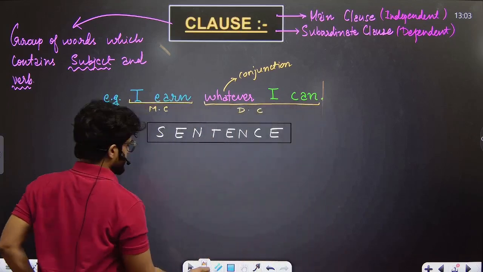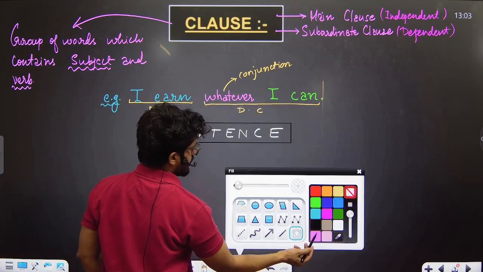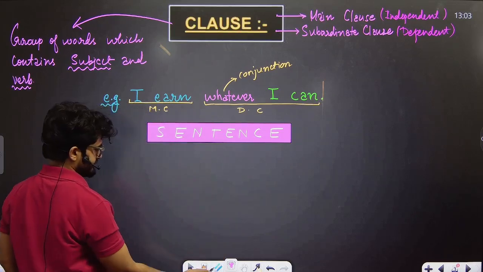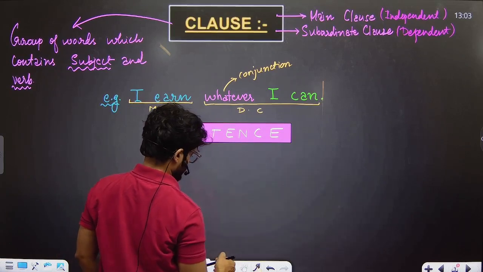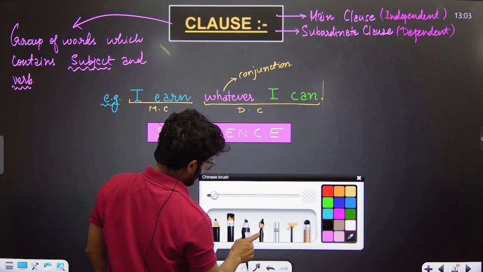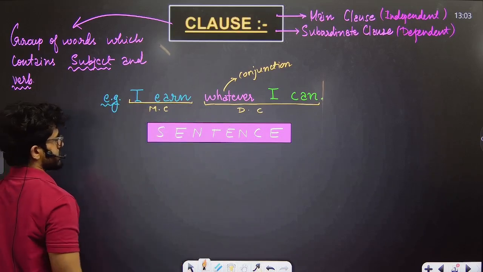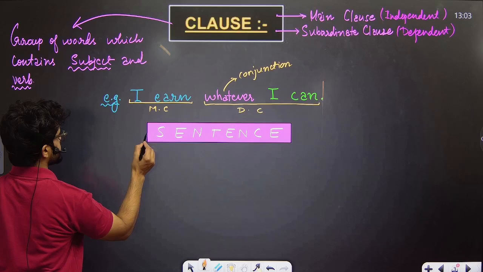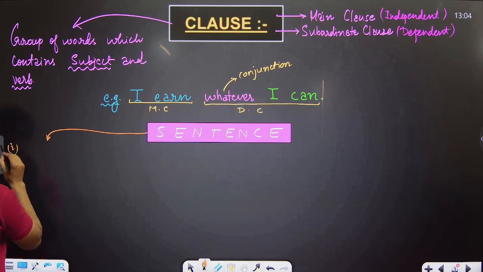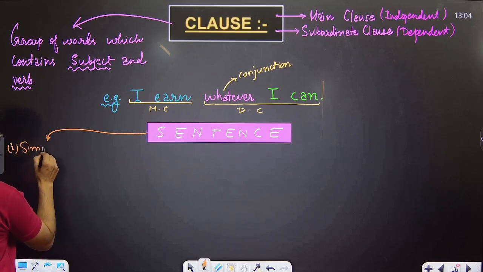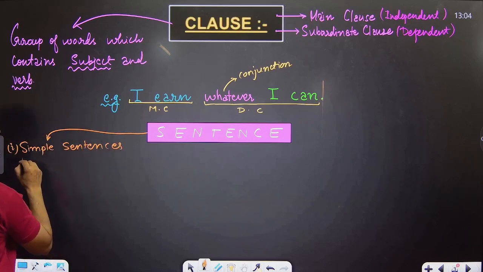Now sentences are also categorized on the basis of their clauses. For the first case, we have simple sentences. If you remember, we will complete it quickly as we have discussed it in detail in the previous class.